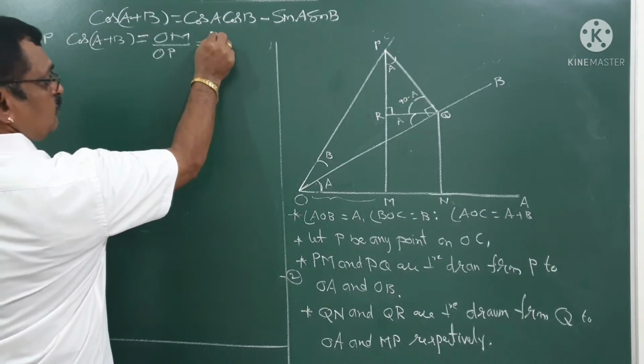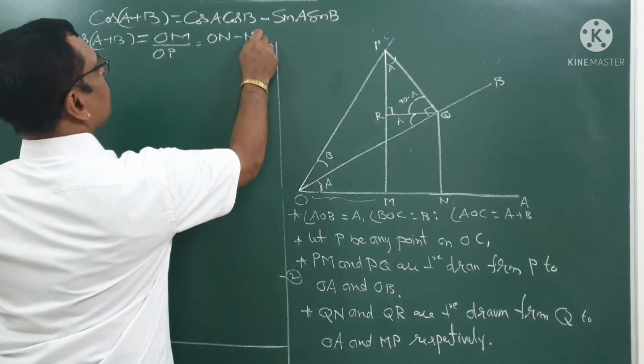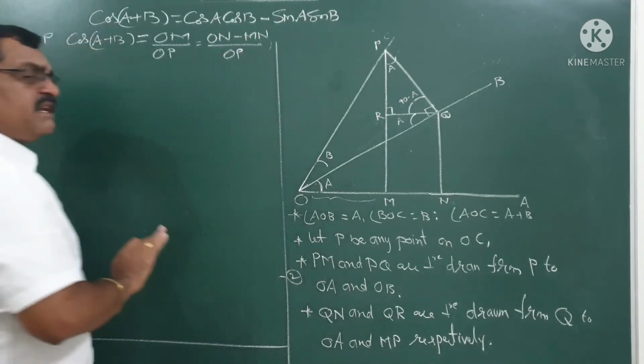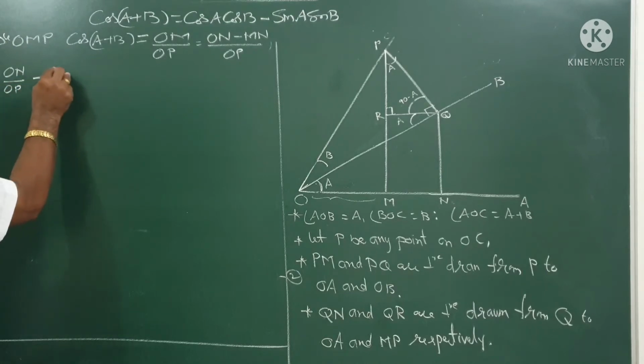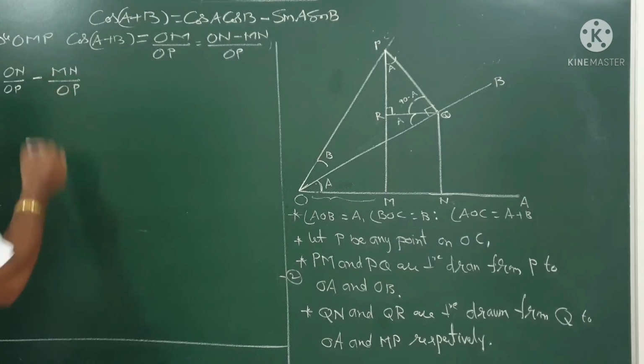That is equal to ON minus MN by OP. Method is same. Now split into 2 fractions: ON by OP minus MN by OP.